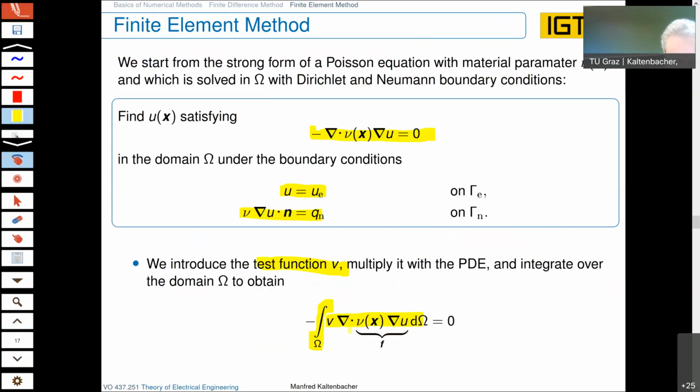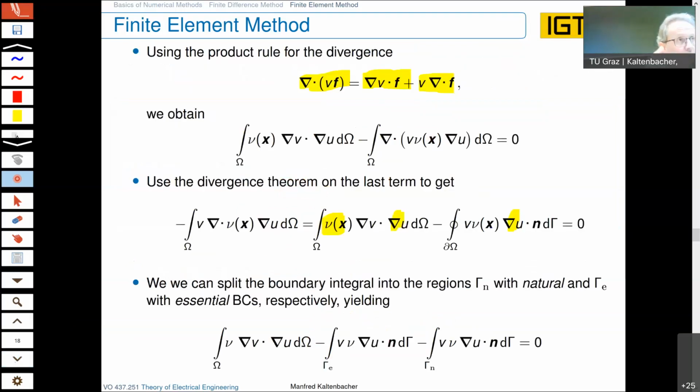Here, divergence, material parameter, gradient of the unknown, which means you can already approximate such a continuous unknown u, scalar electric potential, by any linear function, which is not possible in the strong form, because the second order derivative of a linear function as an approximation for this unknown will be 0. Okay, so two main points we have gained.